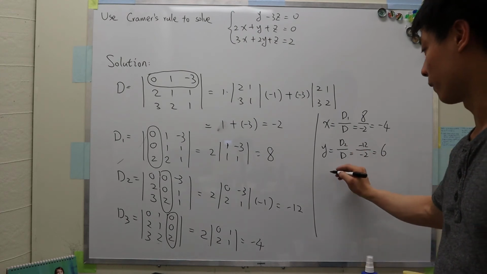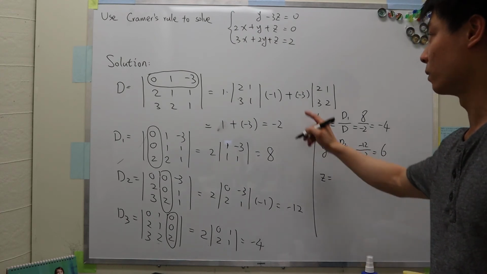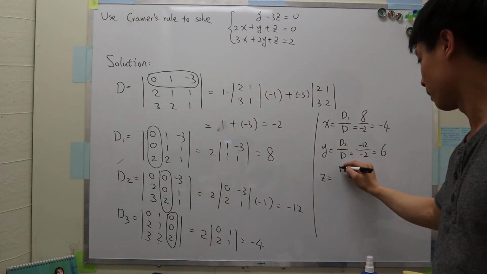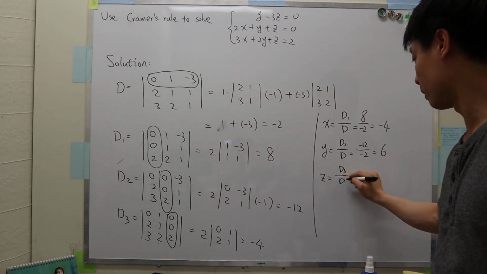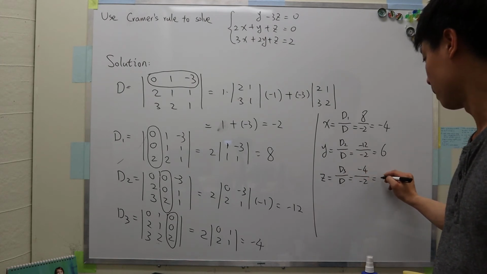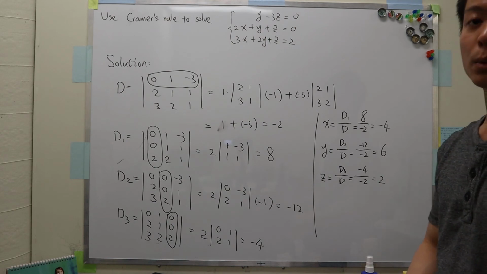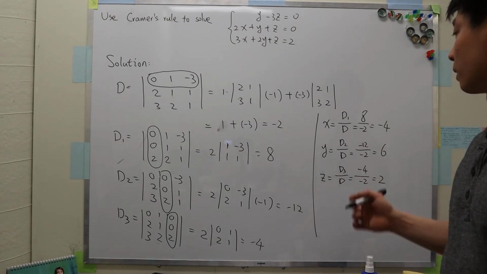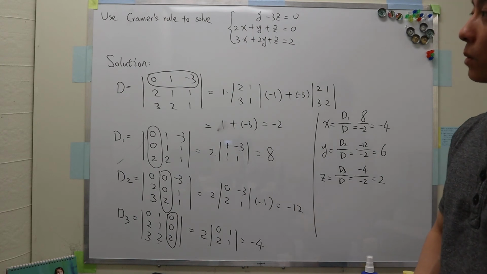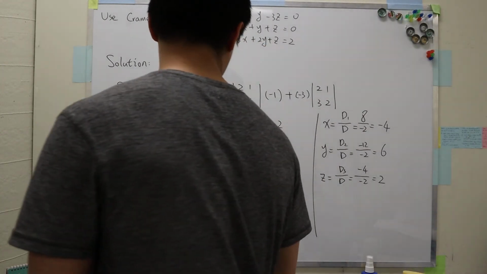And at last, we have z in our third column, so we will be using D3 over D, which is negative 4 over negative 2, equal to 2. Now we have our solution here: x equal to negative 4, y equal to 6, and z equal to positive 2.